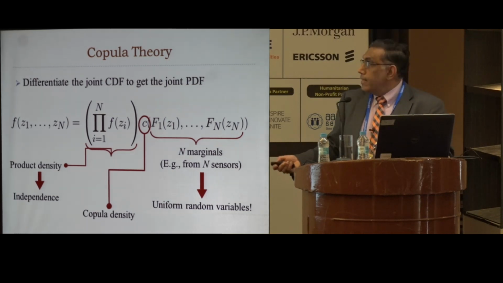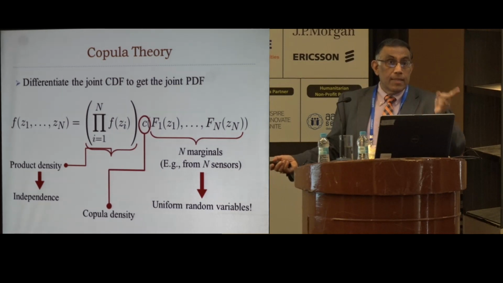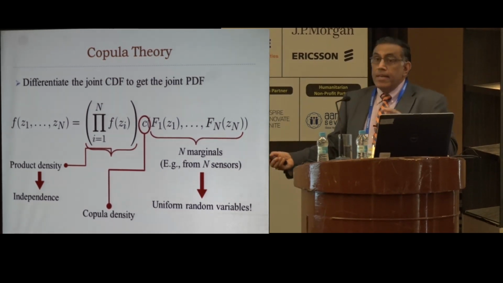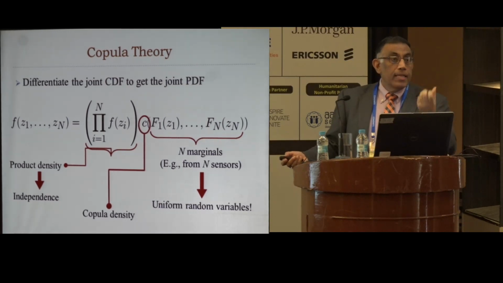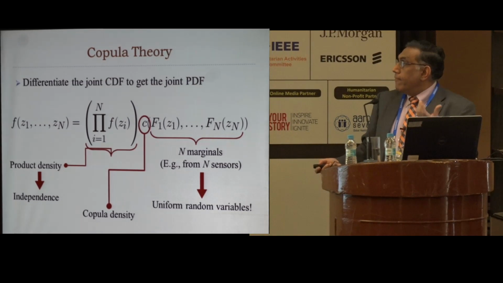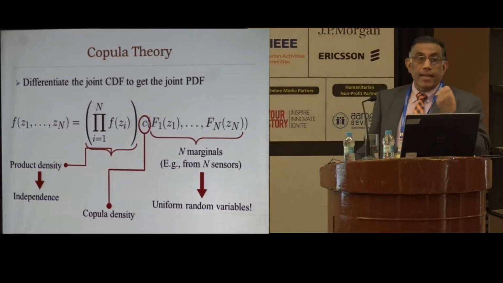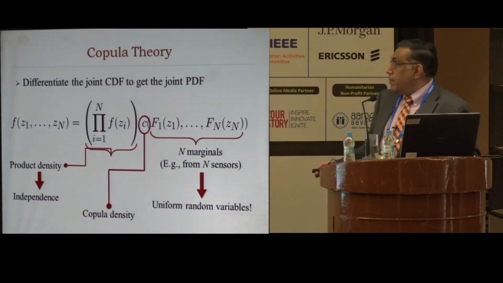But if you have dependence, then from the data, so this is a data-driven method, you estimate the type of copula and the parameters of the copula. And that enables you to give a much more accurate characterization of the joint distribution.